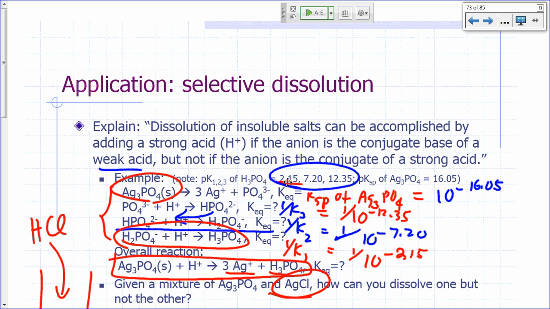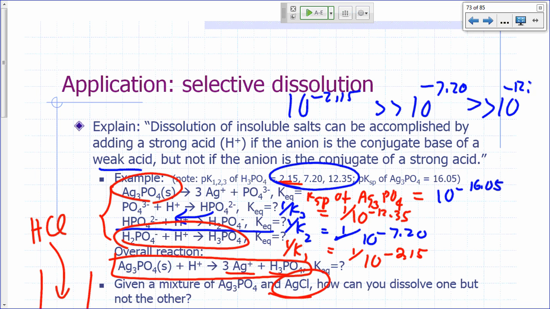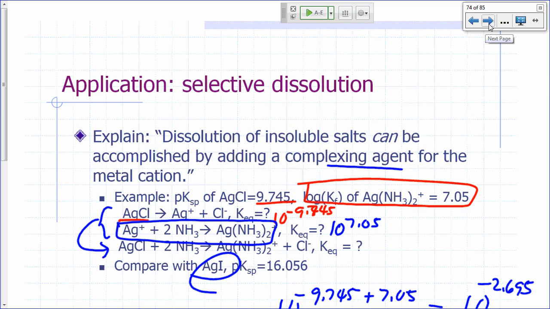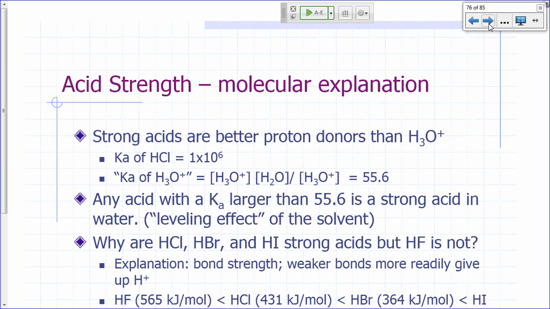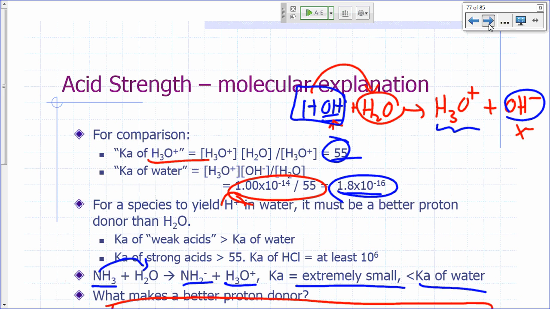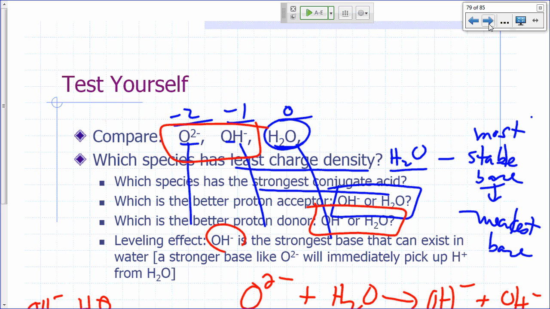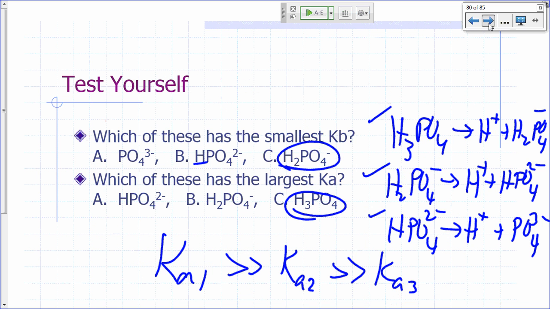Okay, so you can see Ka1 is 10 to the negative 2.15. That's much larger than 10 to the negative 7.2, much larger than 10 to the negative 12.35. Okay, so in the stepwise ionization constants of a polyprotic acid, they usually decrease a lot from one step to the next.